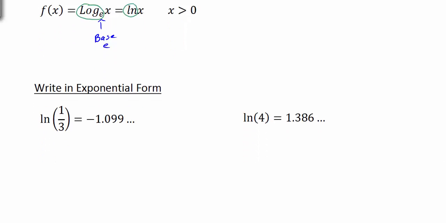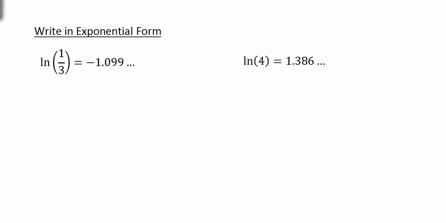So here we can do the same thing. How can we write this equation in exponential form? Well, because this is ln, we know the base is understood to be e. So that would be e raised to the exponent. Remember, when you take the log of some number, you're finding the exponent. So the exponent here is negative 1.099. And again, the dot, dot, dot just means this decimal continues on forever.